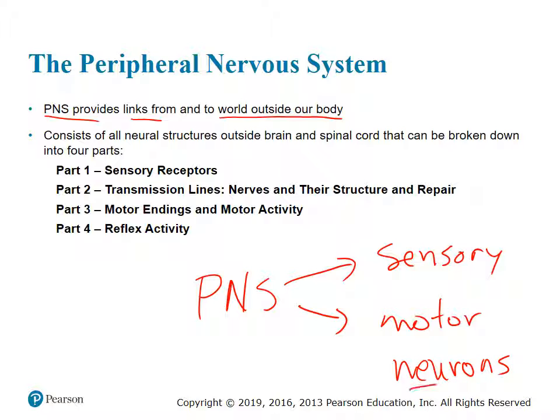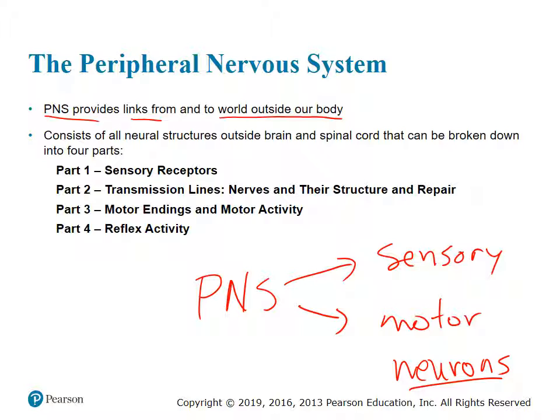Sensory neurons receive information, the central nervous system processes that information and sends out responses, and then the motor neurons carry that signal down to effectors. This is what we mean by linking to and from the outside world.